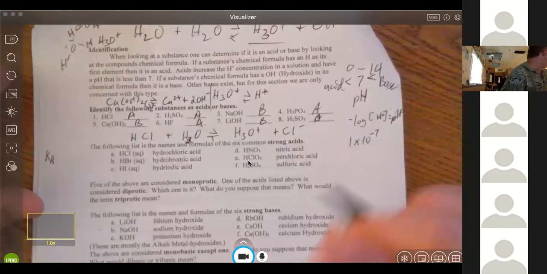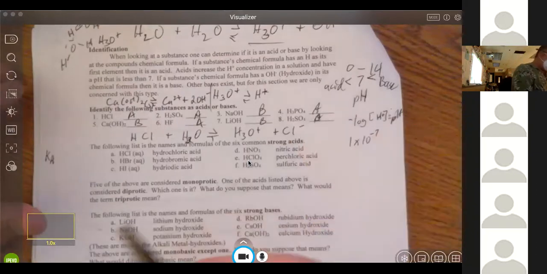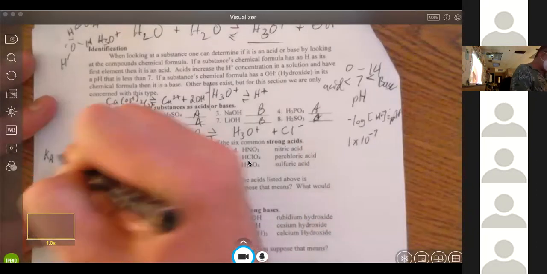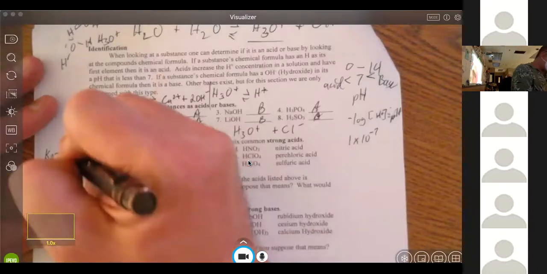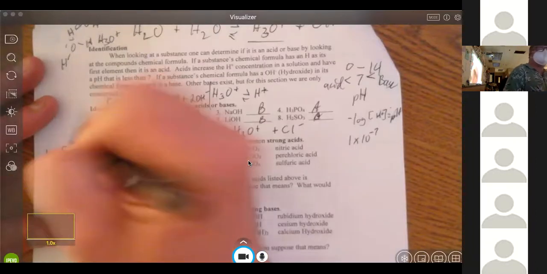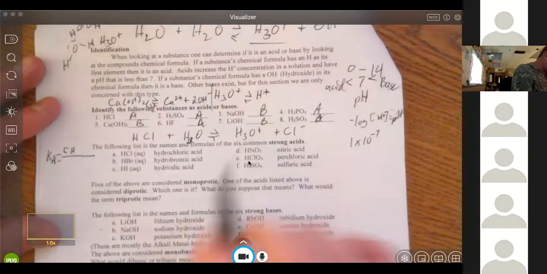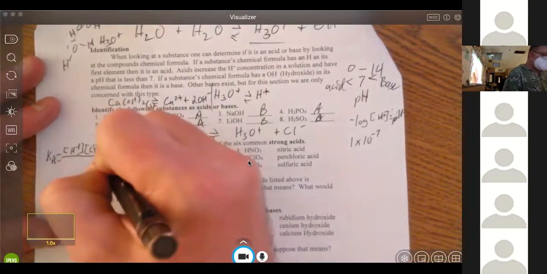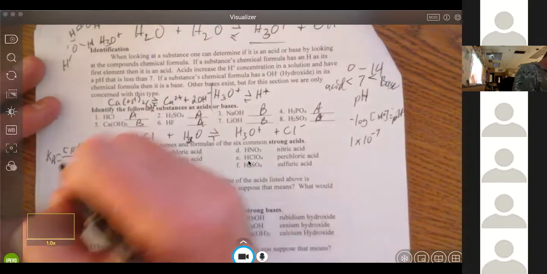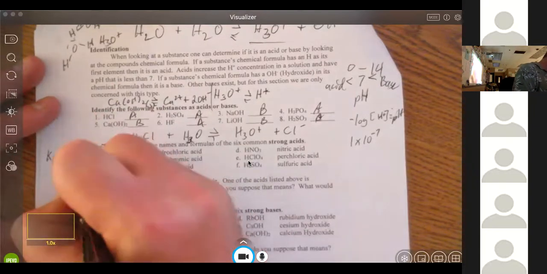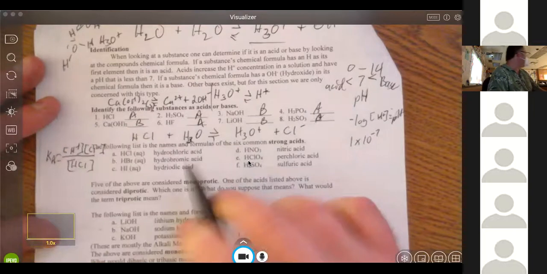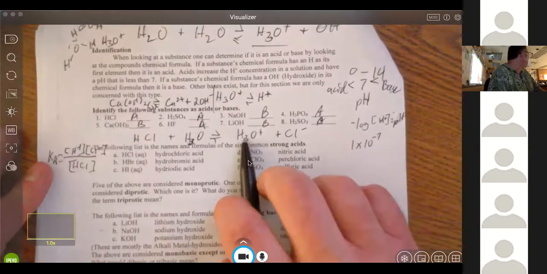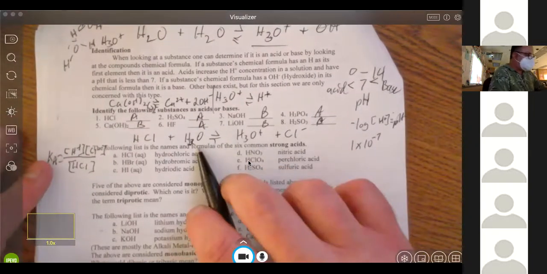Instead of K, we call it Ka. Who goes on top? Products. So I'm going to abbreviate H3O plus as H plus, and Cl minus. On bottom, we have the concentration of HCl. We're taking the H2O out; we're not worried about that.